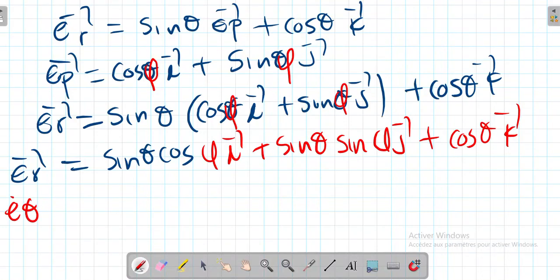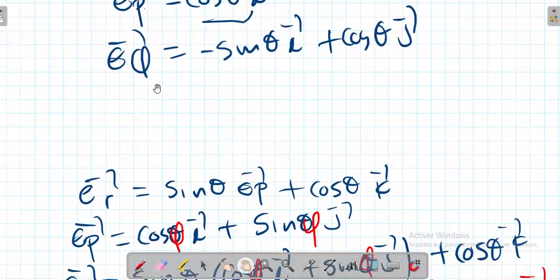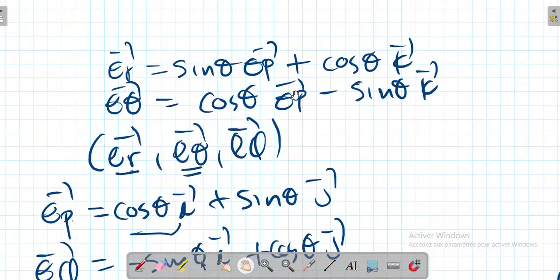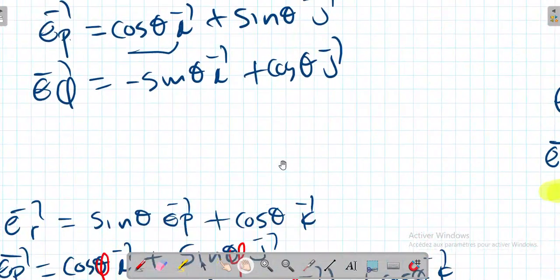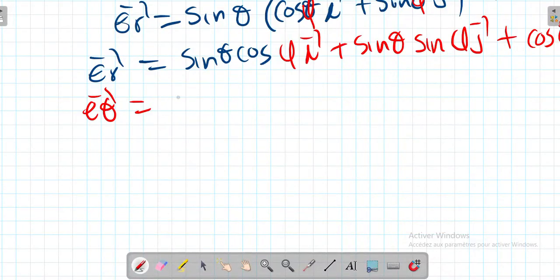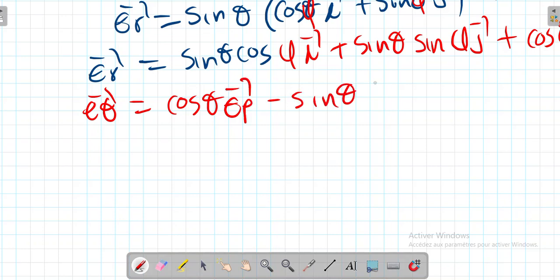Then you can find E theta as well by replacing in your expression of E theta. You can also replace it with E rho. So E theta, we found it as cos theta E rho minus sine theta k.